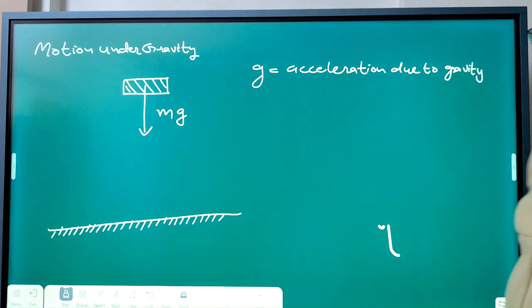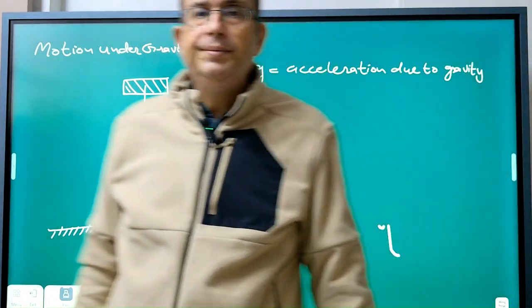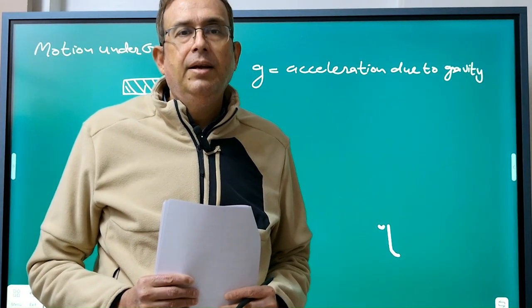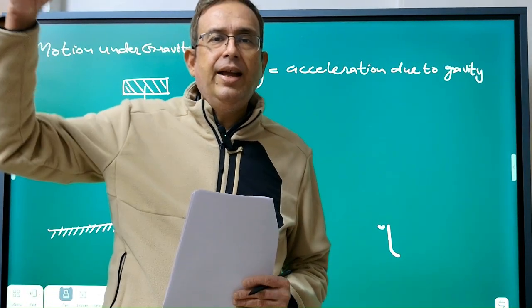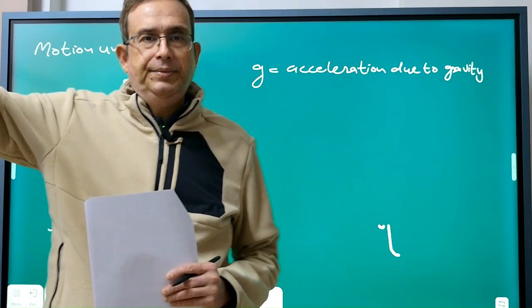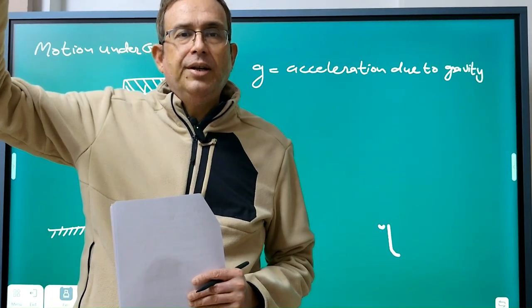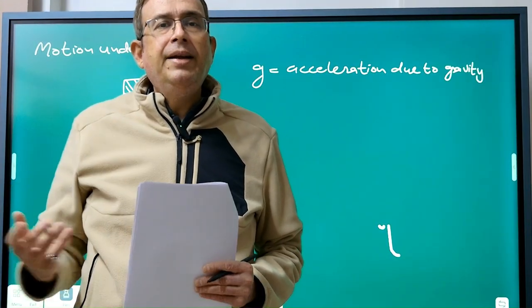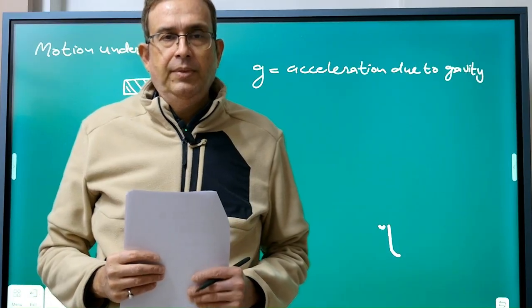What you can understand is this: if an object is somewhere above the ground and you allow it to fall freely, that is, you drop the object, it is falling and it has an acceleration.